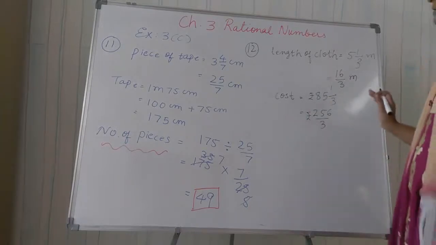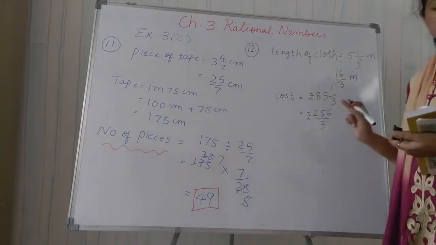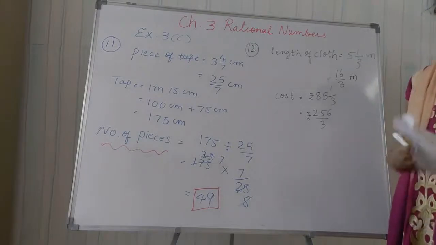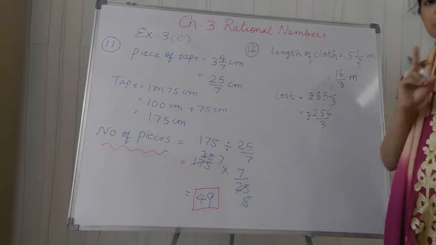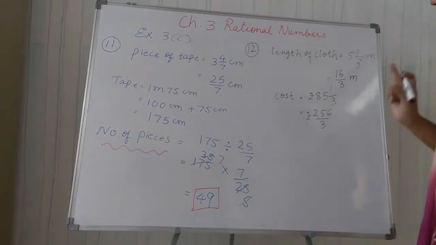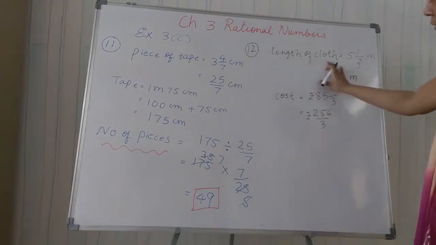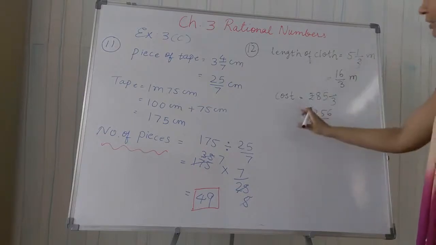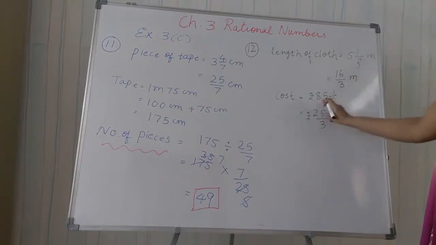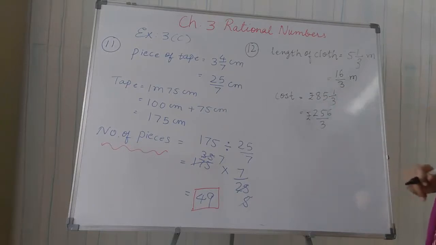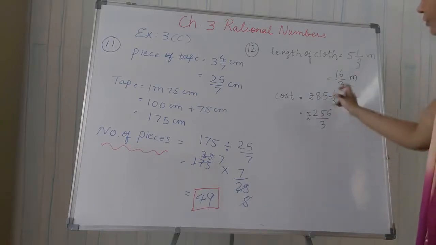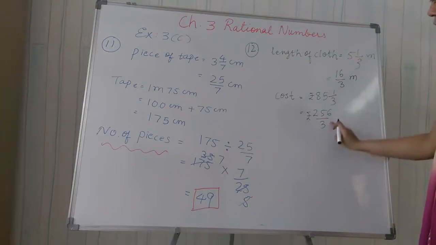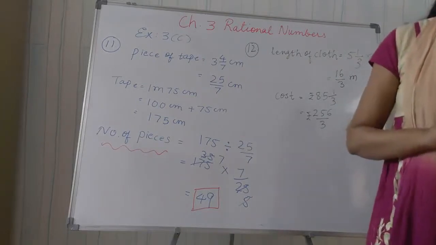So now students, what we want is to find the cost of cloth per meter. 1 meter cloth का प्राइस फाइंड करना है. सी यहाँ पे हमको लेंथ ऑफ क्लोथ, एक बड़ा लंबा क्लॉथ दिया है जो कि है 16 by 3 मीटर लॉन्ग और उसका कॉस्ट भी दिया है रुपीज 85 इंटीजर 1 by 3. Okay, so that also I have converted from mixed to improper fraction.